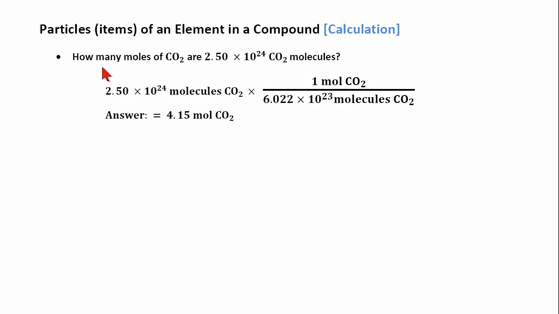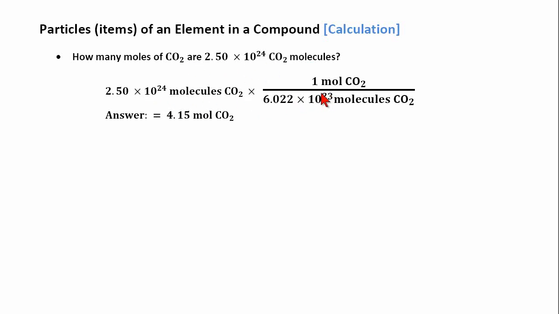So let's do a calculation here. Right here it says calculation, and that's what we're going to do. And then there's always a subject heading here. How many moles of CO2 are 2.50 times 10 to the 24 CO2 molecules? We simply write down the molecules.